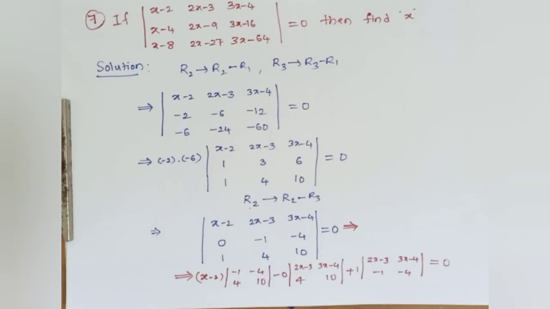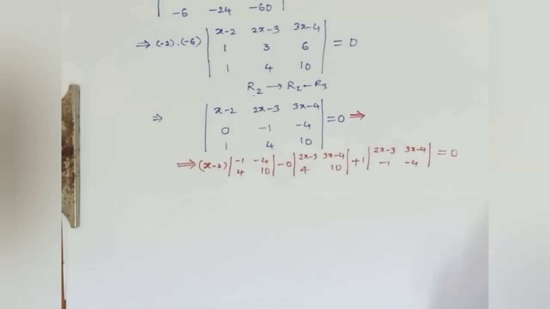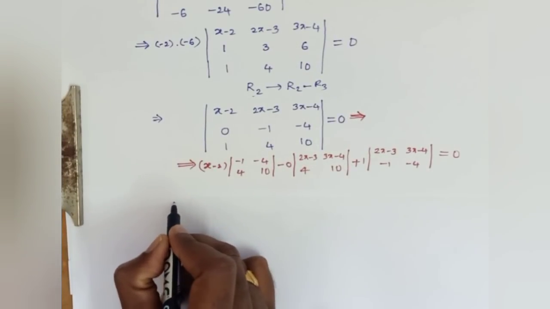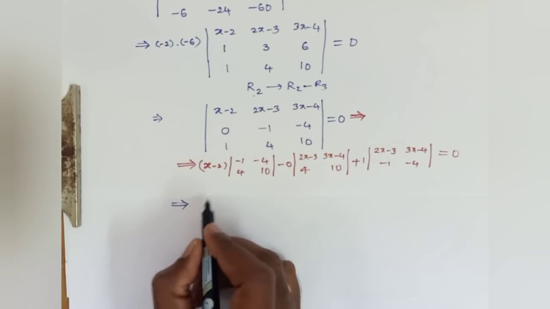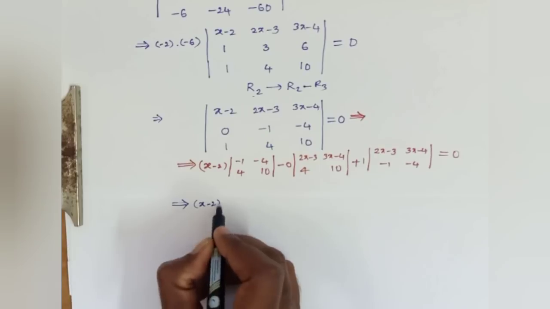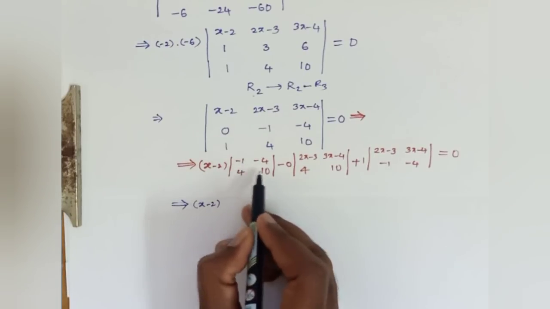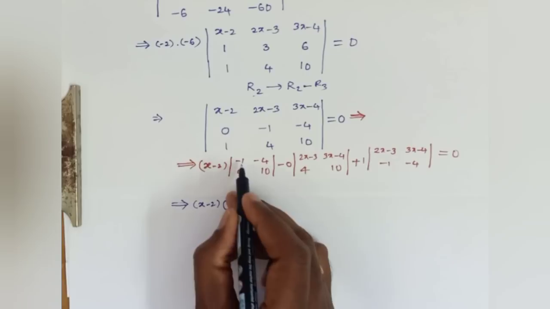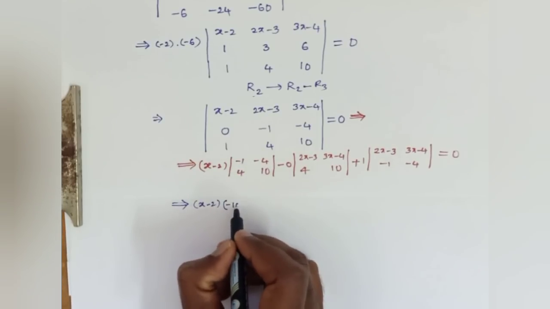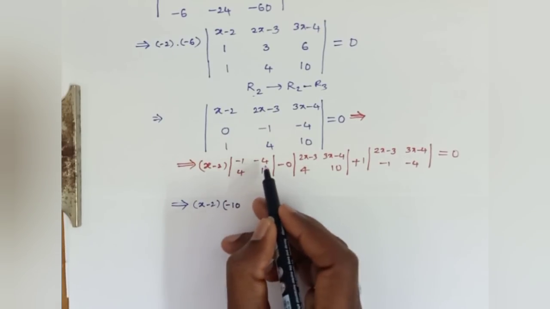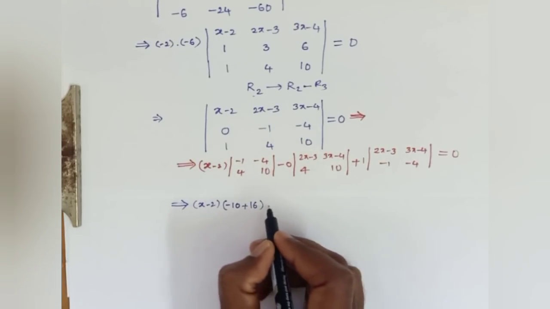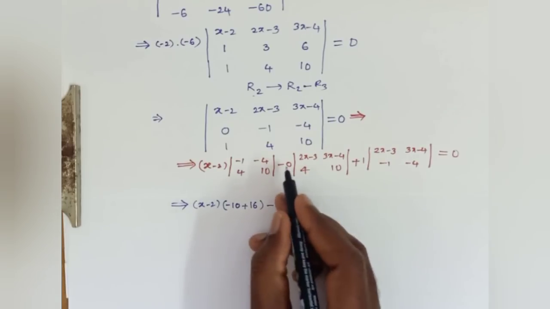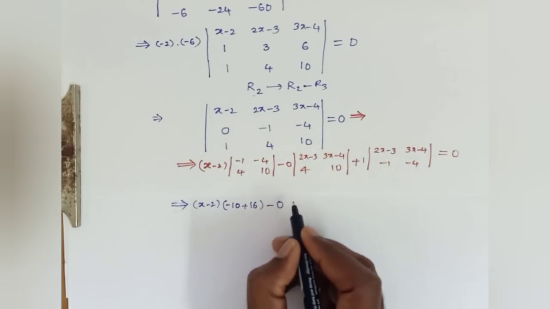This implies x minus 2 into, now it is AD minus BC. So that is minus 1 into 10, minus 10, minus 4 into minus 4, that is plus 16. Now it is minus 0 into, then AD minus BC is 0.